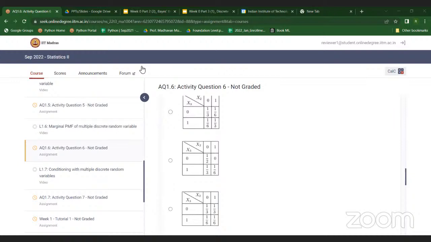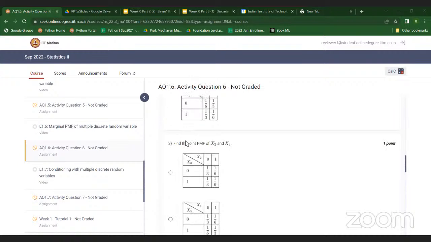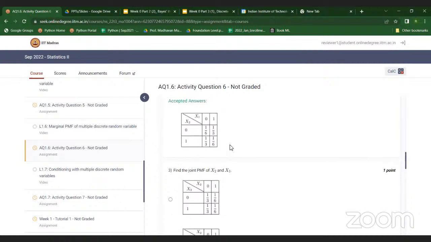Maybe it's better to call it the joint PMF of 2 variables instead of 3 variables. The only way you could call it a marginal PMF is for individual random variables. Even if it is x1, x2, it will still be called a joint PMF. That's why they have mentioned it as find the joint PMF of x2 and x3. But it's actually similar to the marginal one, where we sum over the probabilities. Okay, clear?